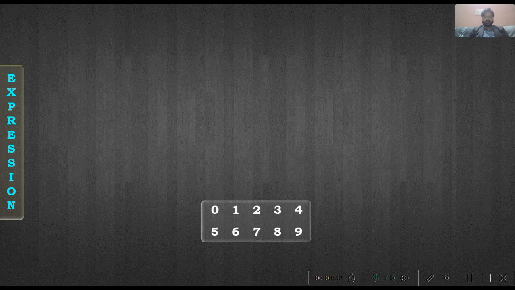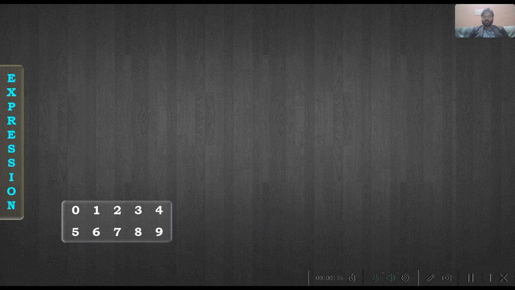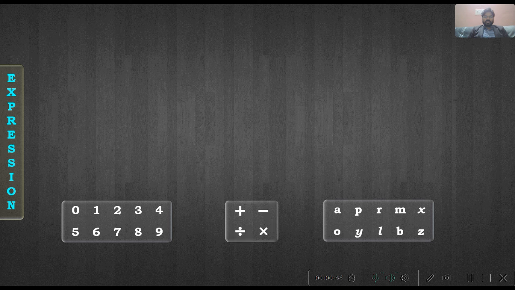So in this chapter we will discuss about expression. So we have numbers 0 1 2 3 4 5 6 7 8 9 and we have variables, alphabets A P R M X O Y L B Z, plus minus divide multiply.